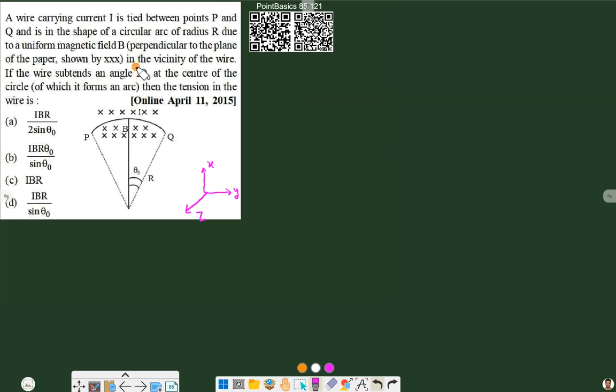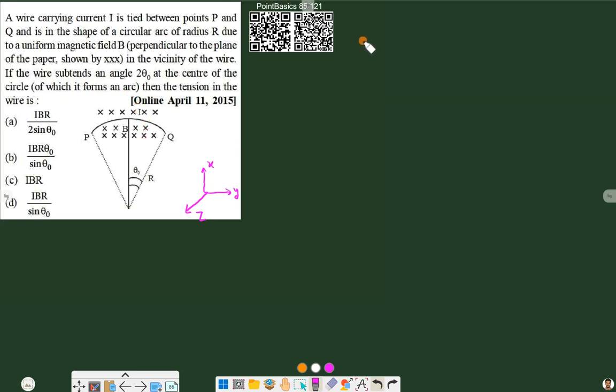In the vicinity of the wire, if the wire subtends angle 2 theta at the center of the circle of which it forms an arc, then the tension in the wire. So we have to find out the tension in the wire. Now first of all, let's find out the force on the wire, what will be the amount of force acting on the wire.